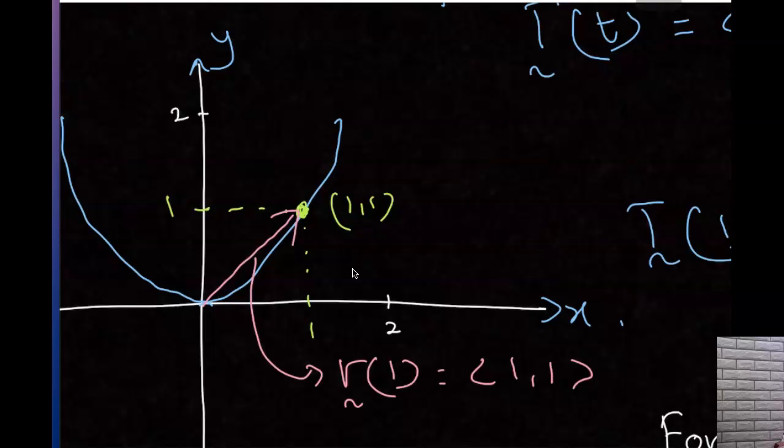Where is that point? Maybe around here, because the other one is 1.9, somewhere here, I think. Okay, so now that is your point, which is based on your t.